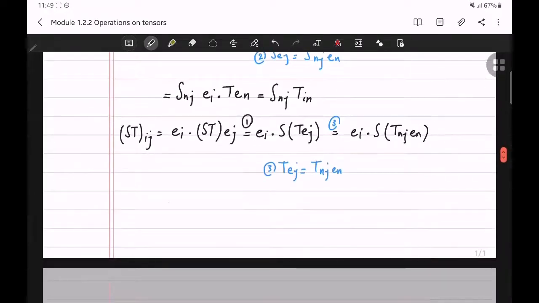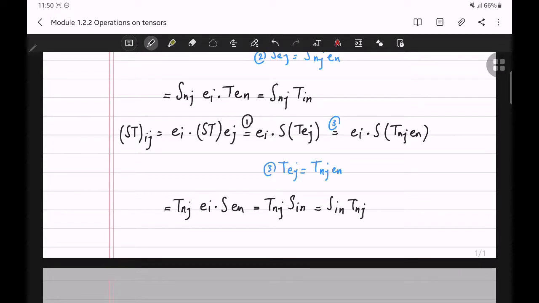So I can take out Tnj here, so Tnj ei dot S en, which is nothing but Sin. So Sin Tnj, which of course can be written as Tnj Sin.